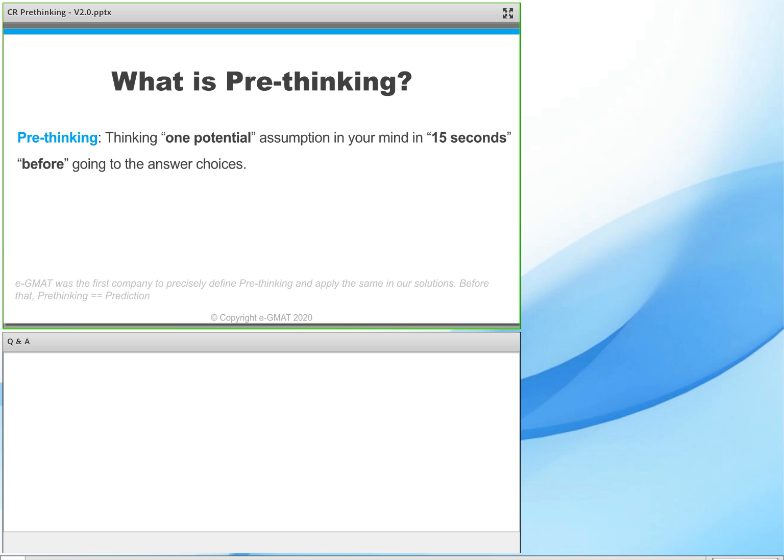I'm going to give you this presentation, but to make sure that you apply this during the session, this is one of those definitions that I want to make sure that you write down. When you look at an argument, you want to think of one potential good assumption. An argument can have multiple assumptions, so we're only worried about getting that one potential assumption. You want to do this in your mind, and once you become a skilled pre-thinker, you'd be able to do this in about 15 seconds.